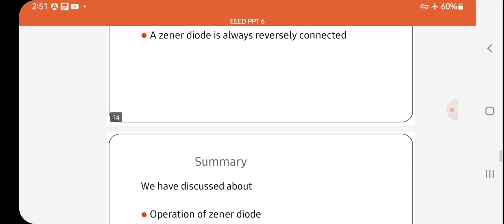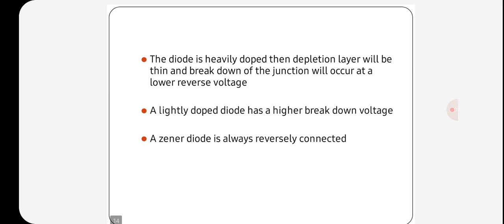If the diode is heavily doped, then the depletion layer will be thin and a breakdown of the junction will occur at a lower reverse voltage. A lightly doped diode has a higher breakdown voltage. A Zener diode is always reversely connected.